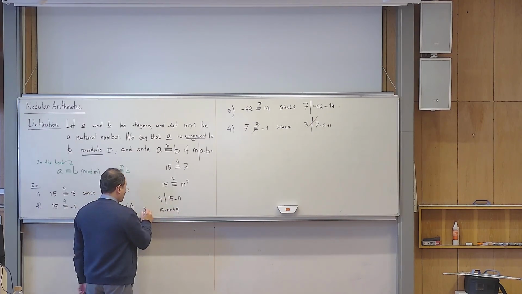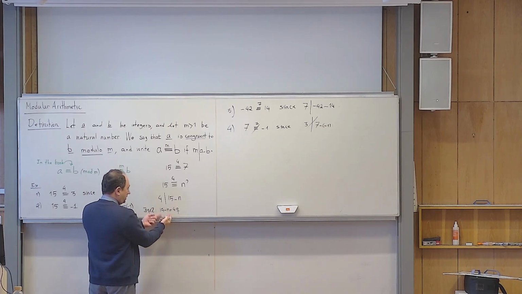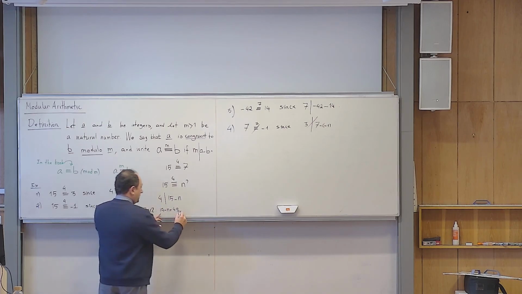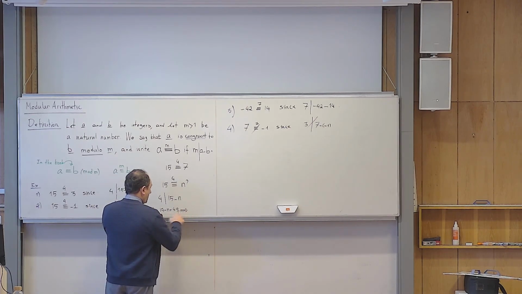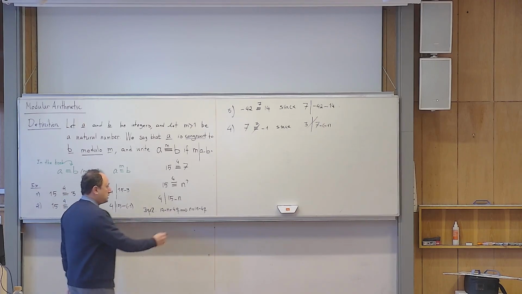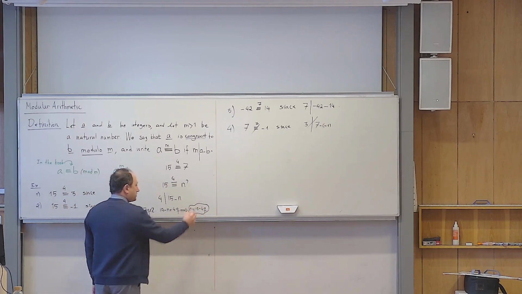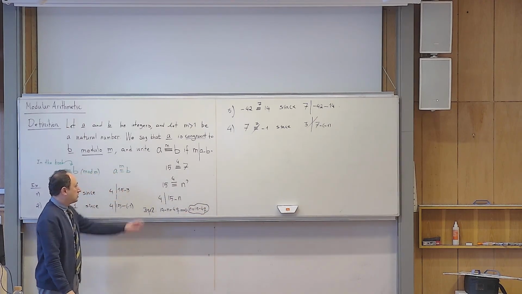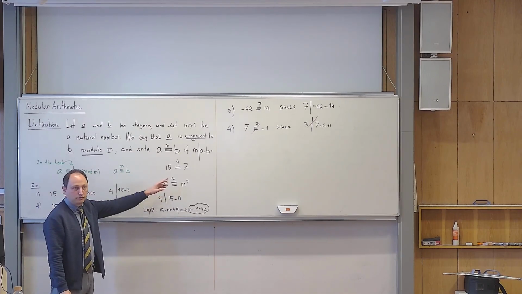And then there exists a q in Z. Is that understandable? This is the meaning of this sentence. And then what does this mean? This means that if I am looking for n, so n becomes 15 minus 4q. Yes? Q is an integer. So this is all possible numbers that are congruent to 15 modulo 4.